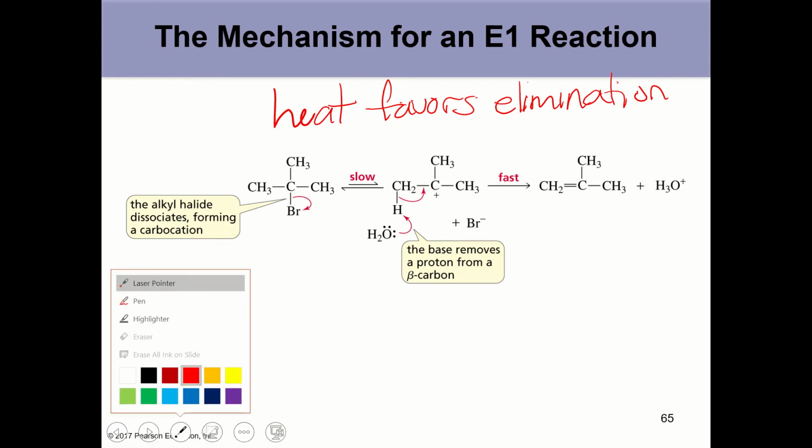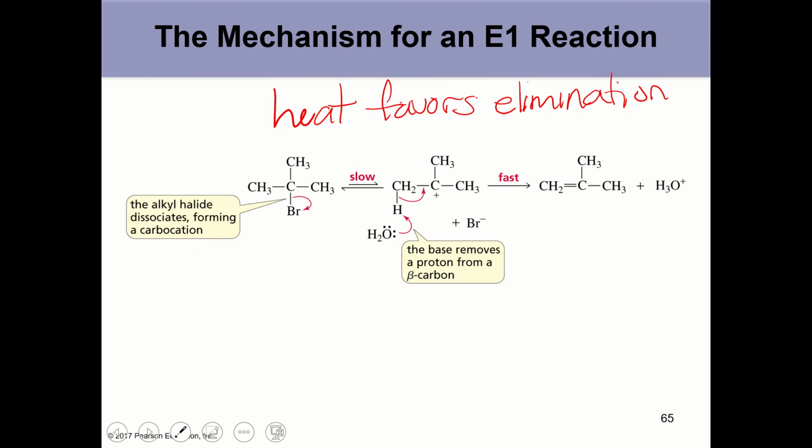Okay, so for the E1 reaction, the first step is that the halide departs from the alkyl halide, forming the carbocation. So here we have our 3-carbon carbocation that occurs when the bromide is kicked off. Then once we have the cation, a nucleophile will remove a proton from the carbon adjacent to the positively charged carbon.